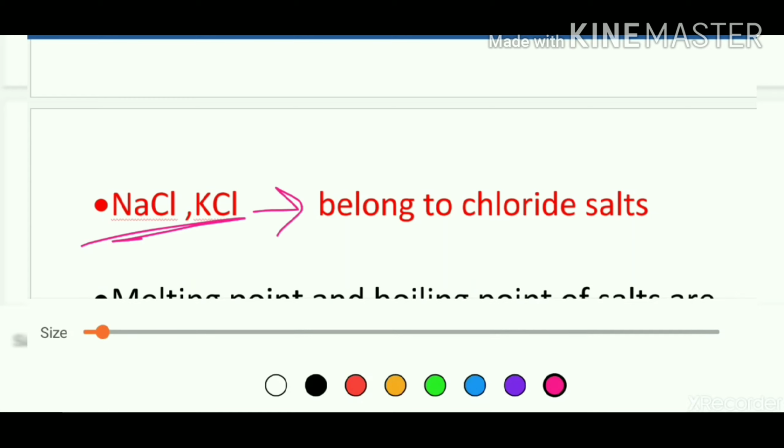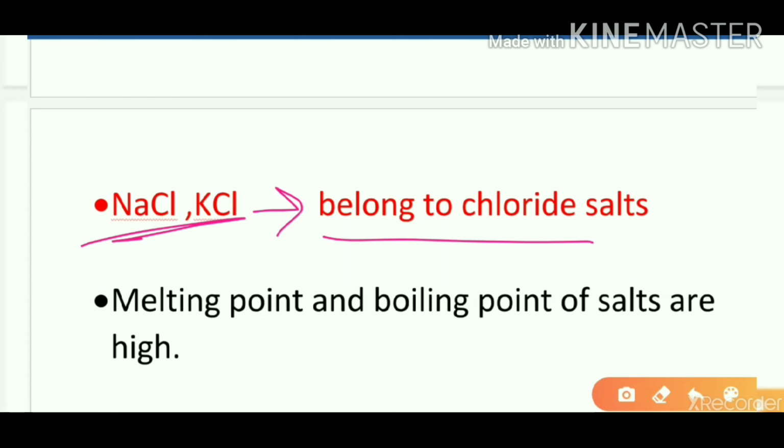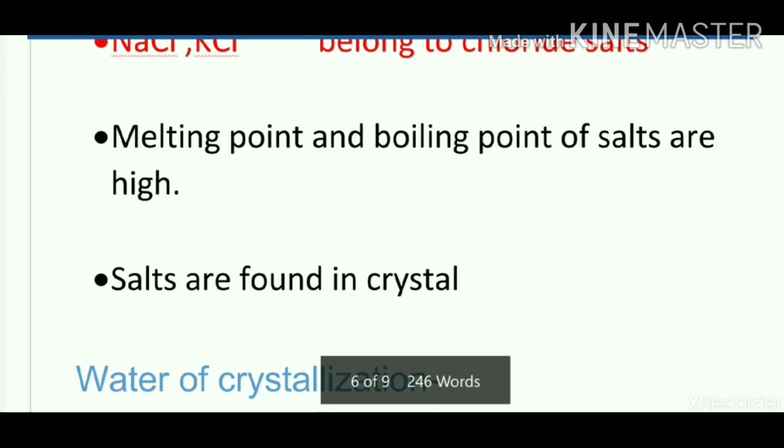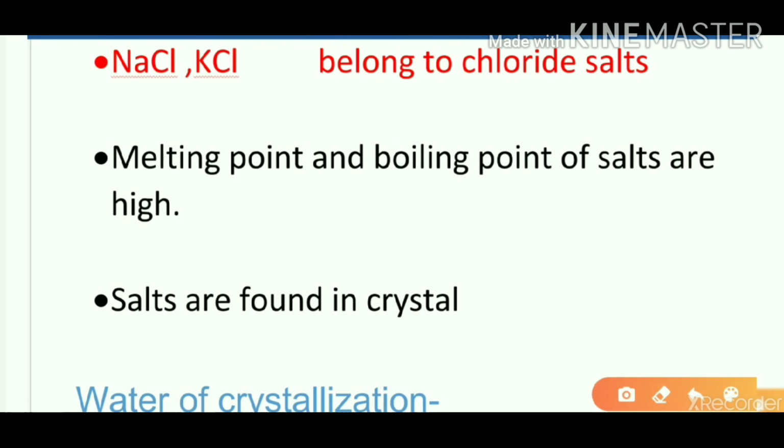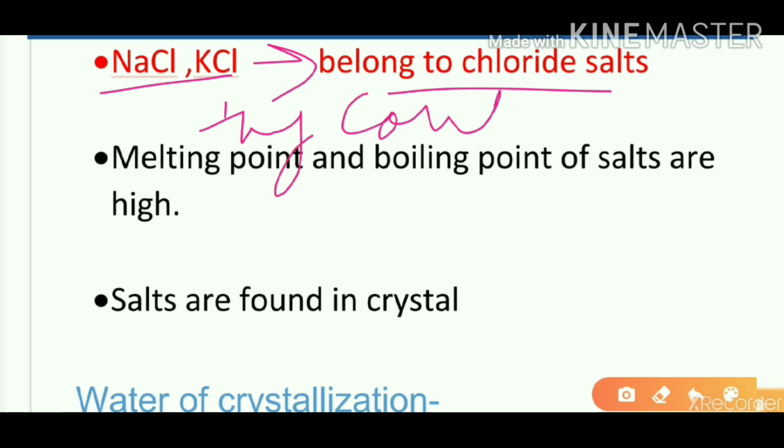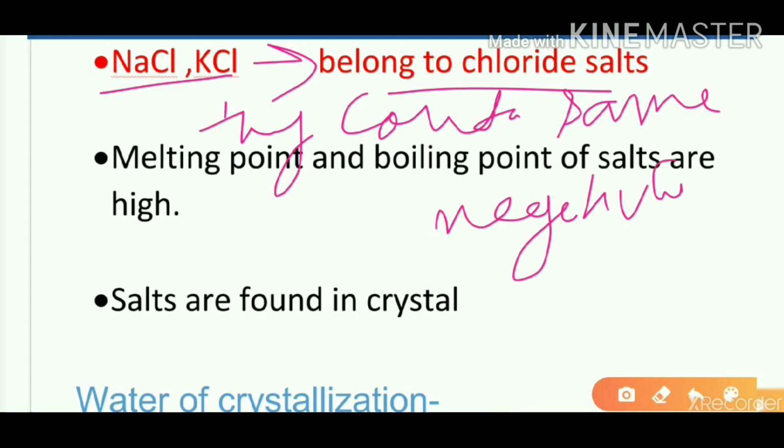NaCl and KCl, they belong to chloride salts. Why? What is the reason they belong to chloride salts? Because they contain the same negatively charged ion, that is Cl minus.